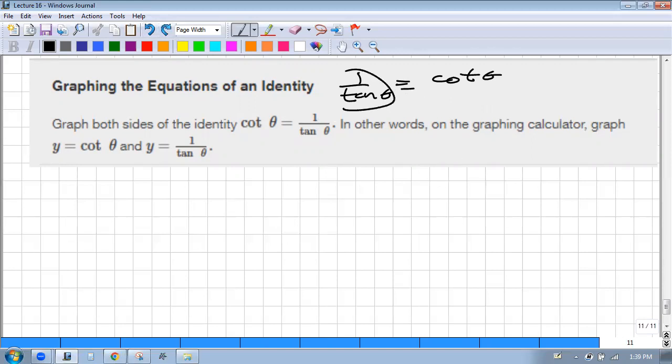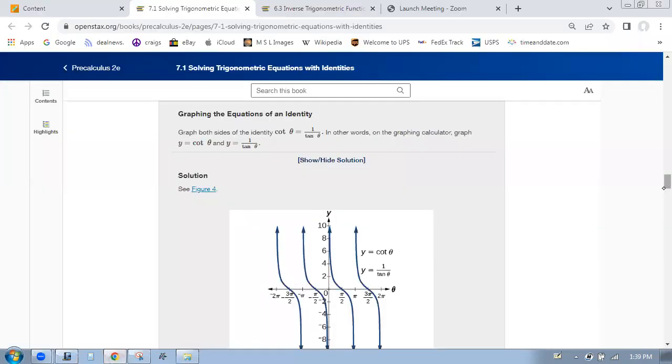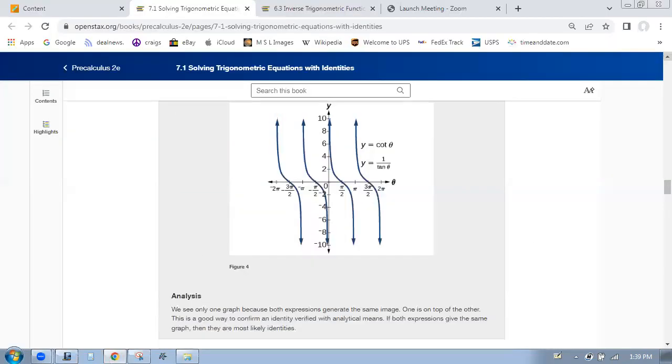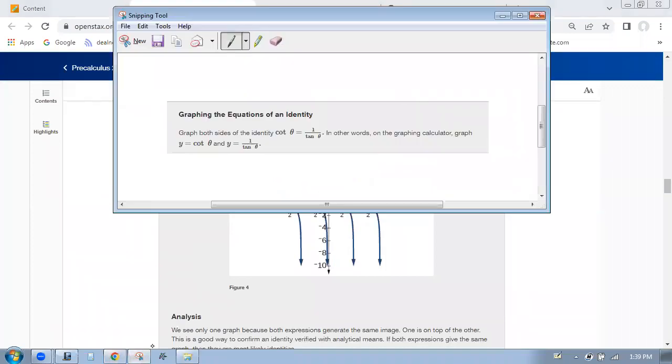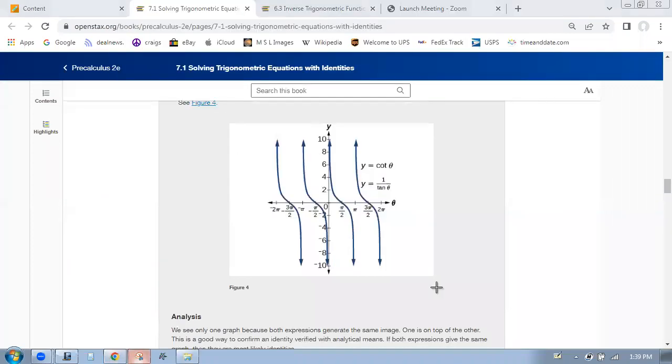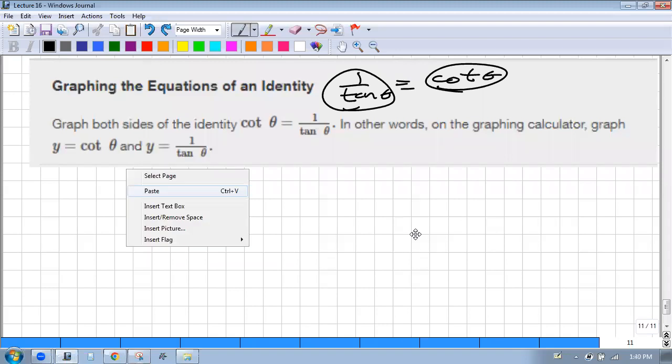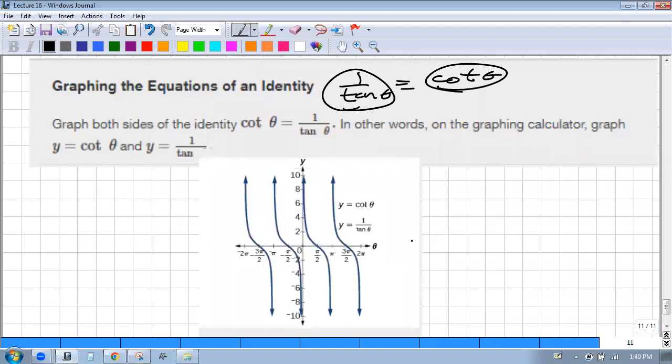So if you graph this and you graph that, their graphs are the same graph because these are identically the same thing. So you can test for identities, you can test, is this something that all solutions are true, right? Here's cotangent. Oh, and it's also 1 over tangent. They're the same graph.